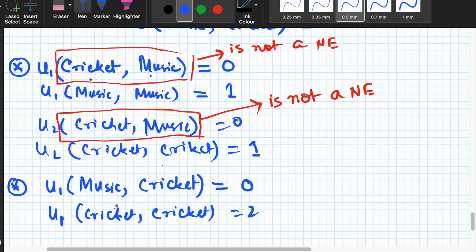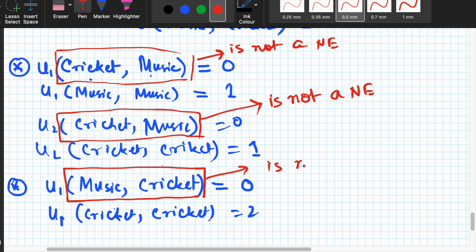So player 1 always has an incentive to change the action profile. That means when player 2 is choosing cricket, player 1 has an incentive to change his action from music to cricket. So it is not a Nash equilibrium.